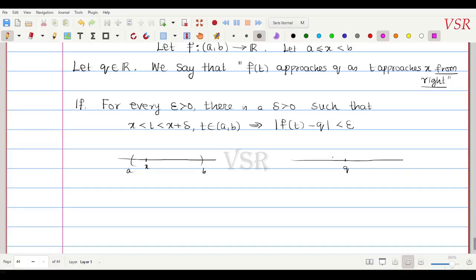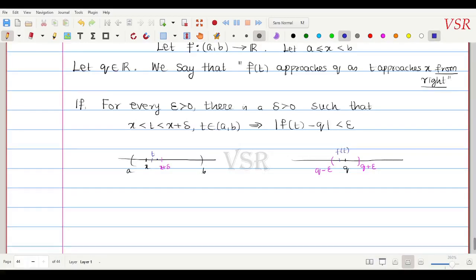This is my epsilon, so this is q minus epsilon, this is q plus epsilon. Then we can find a delta positive such that this is x plus delta. Whenever your t is here, then where should my f of t be? It should be in here, so f of t lies between here.